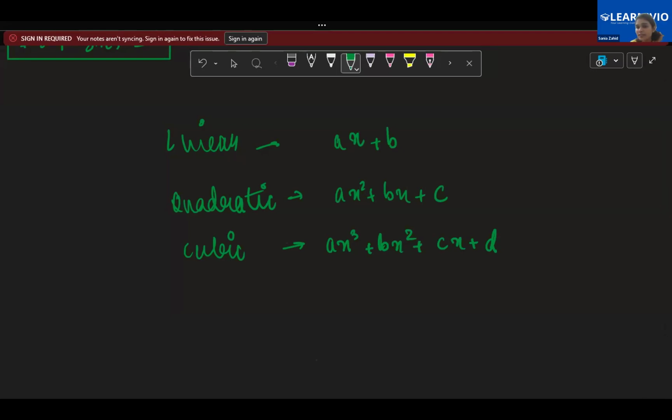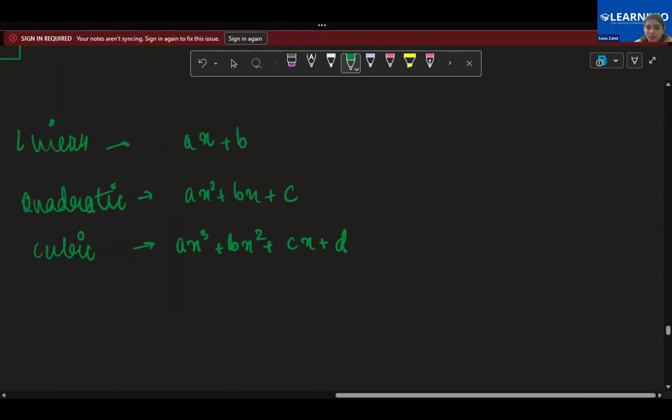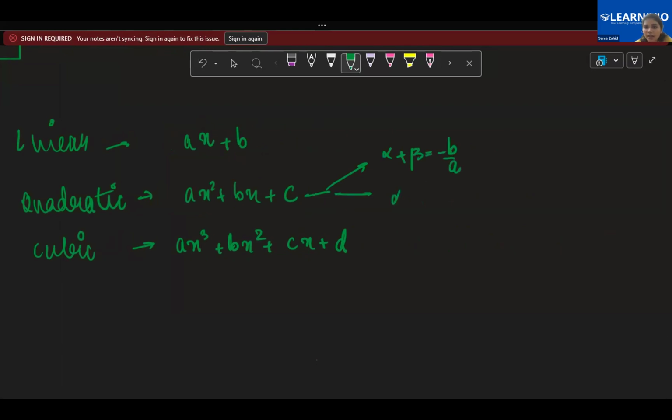Linear is ax plus b, quadratic is 3 terms, cubic is 4 terms, like that. So now, for a quadratic polynomial, we studied the relationship where alpha plus beta was minus b by a, and alpha into beta is c by a. Now we will study the same thing for cubic, right?